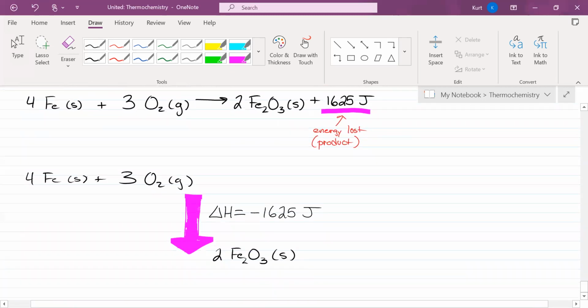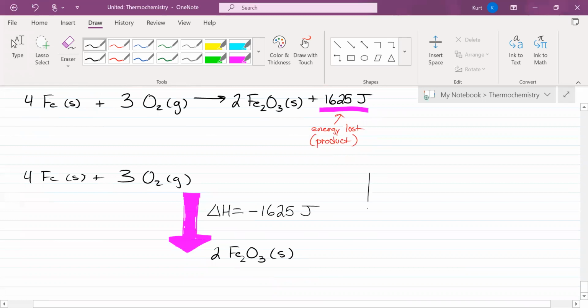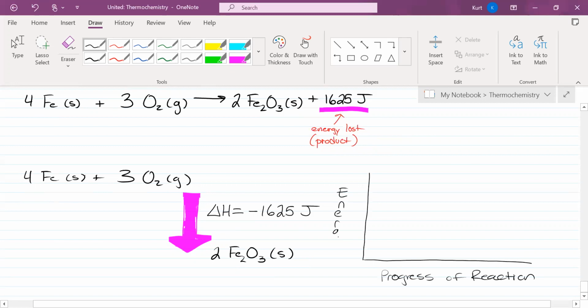If you were actually to write this as an actual graph, that's my next lesson for you. The x-axis is the progress of the reaction. The y-axis is energy. Here's what you do. Watch this.